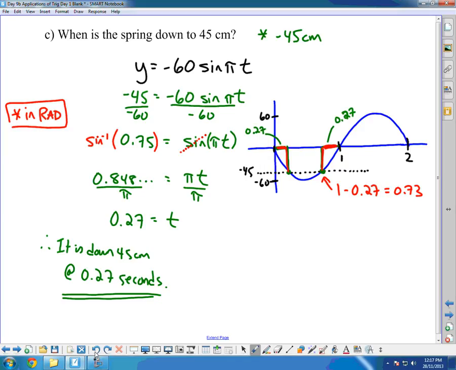So now I can be a little bit more specific and say it is at -45 at the first one, 0.27 seconds, then the next one at 0.73. And when's the next one going to happen? Well, the next one's going to happen way over here, isn't it? Again, it's going to be 0.27 seconds, but this time from 2, so that is obviously 2.27 seconds.